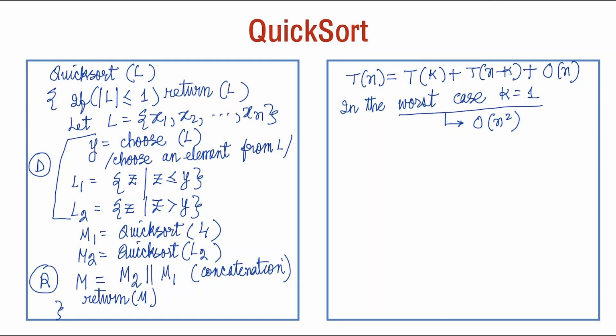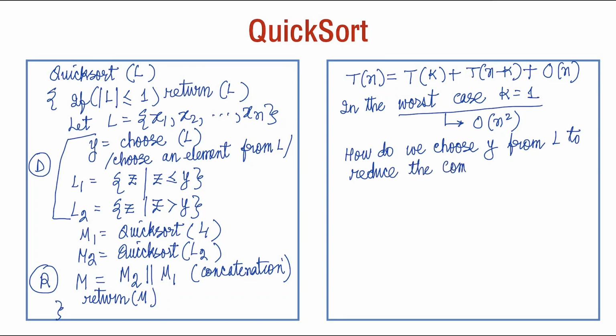Now how do we choose Y from L to reduce the complexity from order n squared?